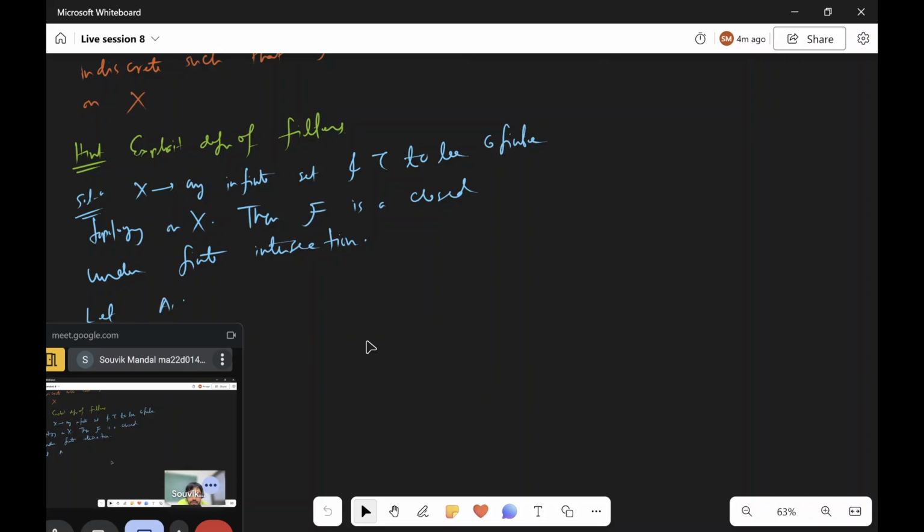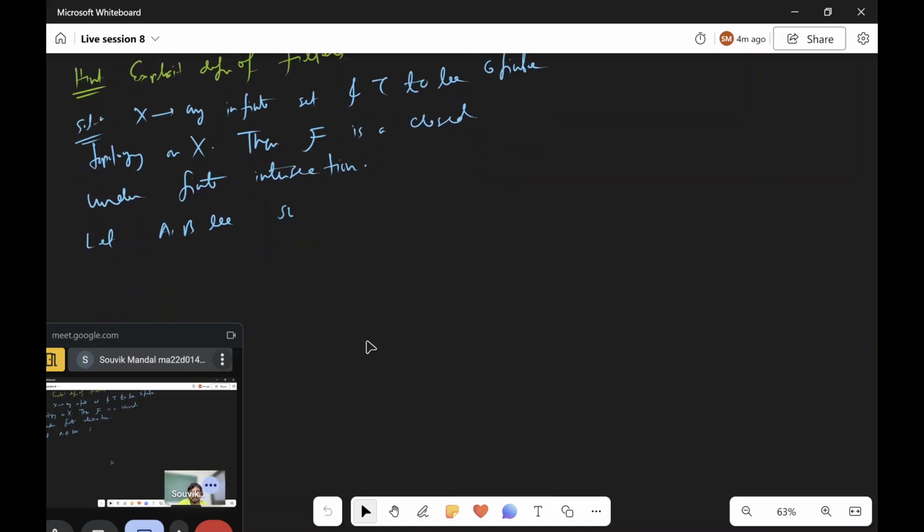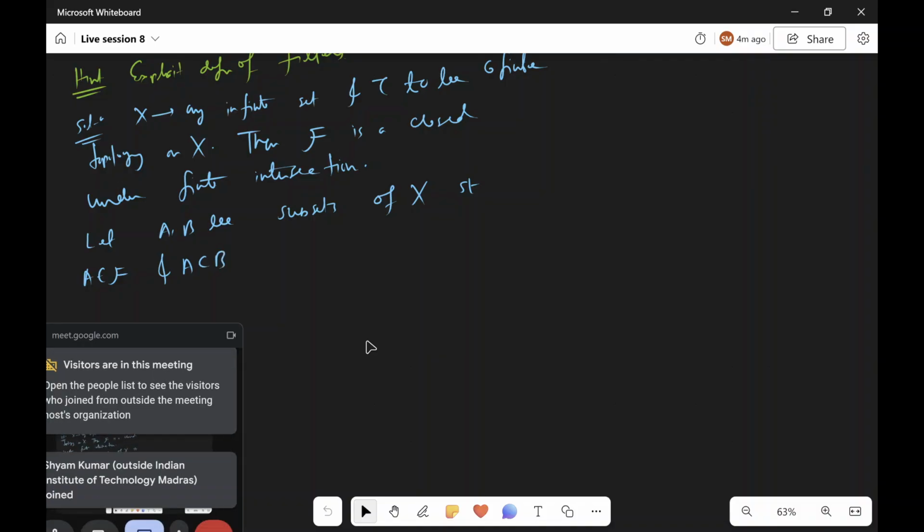Let A, B be subsets of X such that A belongs to F and A is a subset of B.